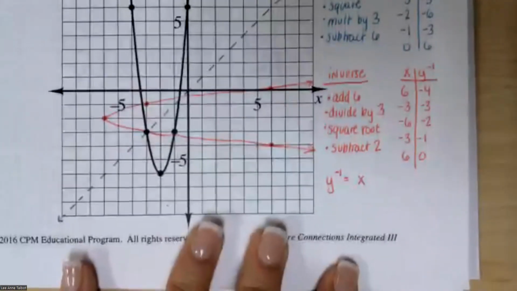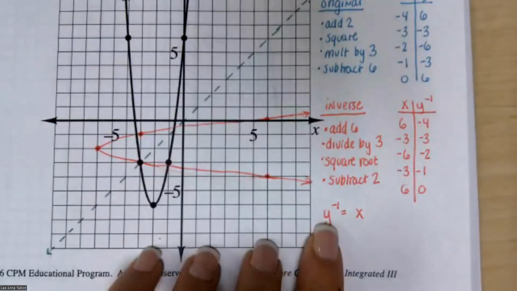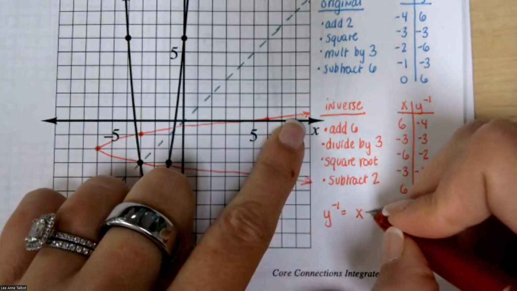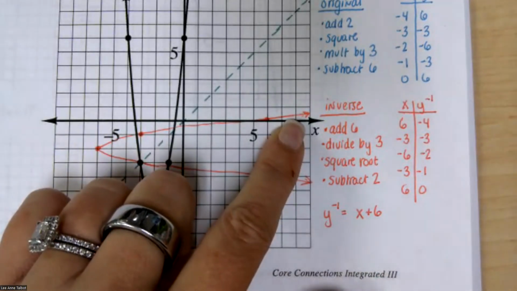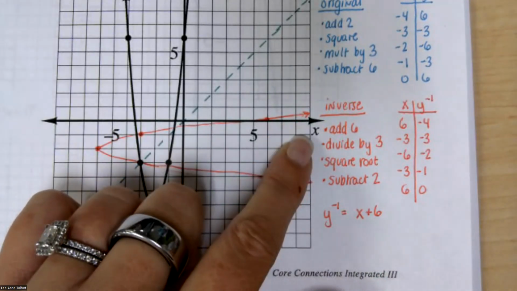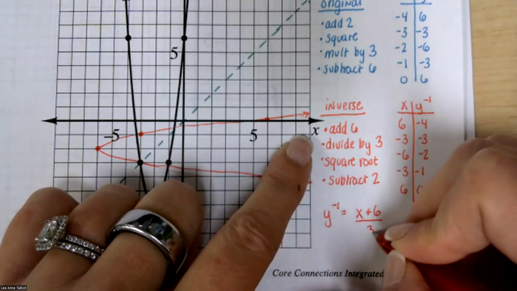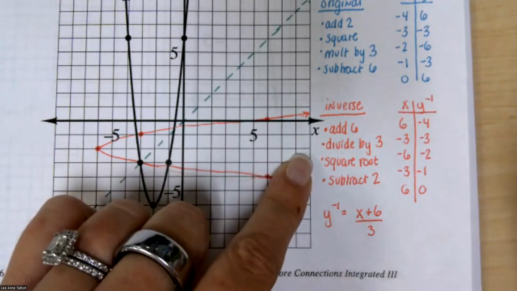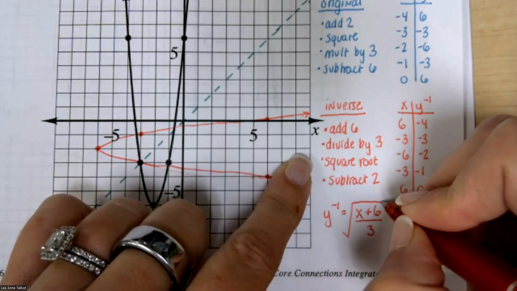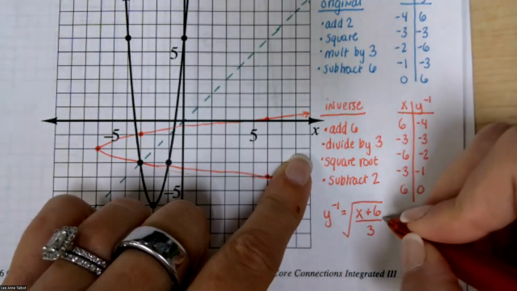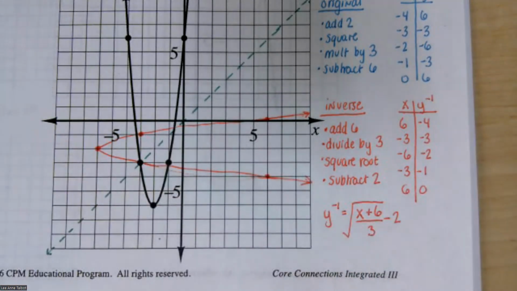Okay, so let's practice writing our steps here. So add 6. Divide by 3 on everything. Square root everything. Subtract 2 on everything. Okay, what shape is this? The thing I just wrote. Square root. What does a square root look like?